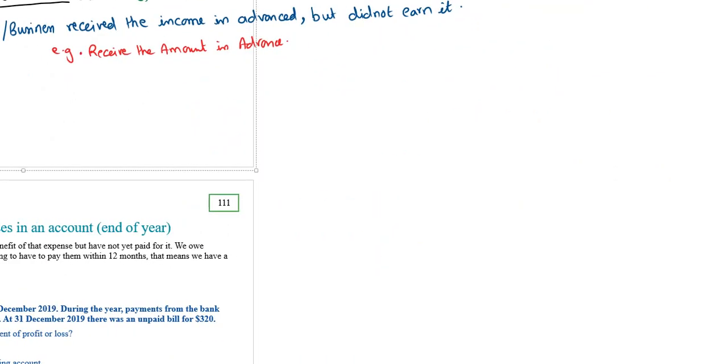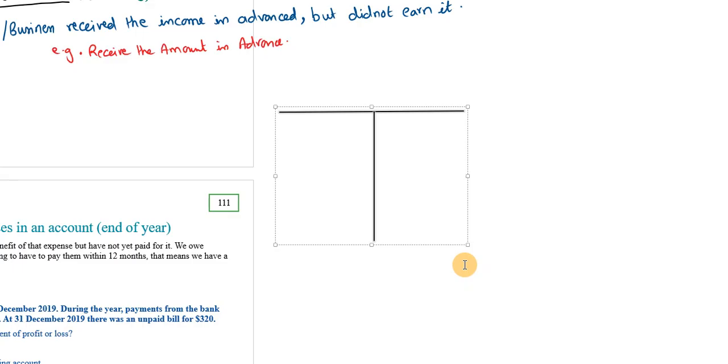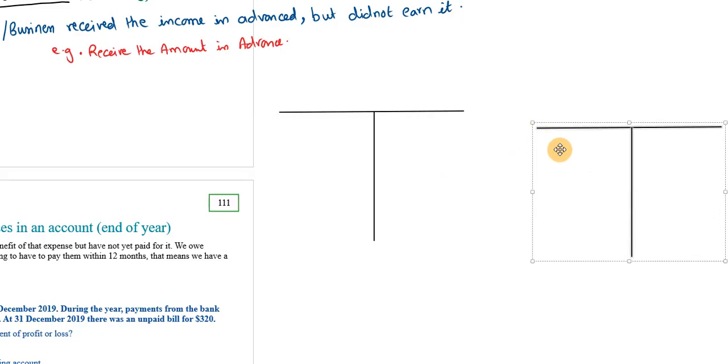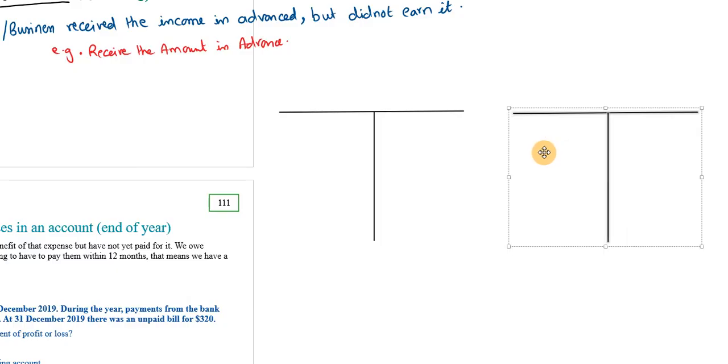So the first one is the accrued expense account.